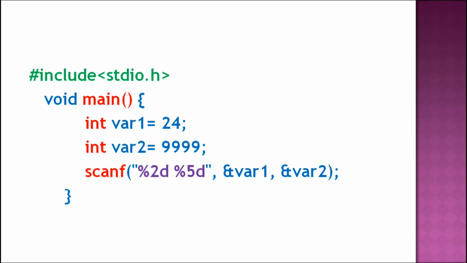We have one function here: include stdio.h, void main, where int var1 is equal to 24 and int var2 is equal to 99, and scanf the values of var1 and var2. That means simply it scans our integer values for variable 1 and variable 2.